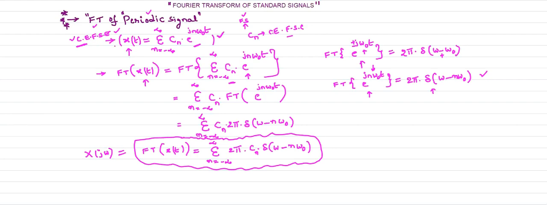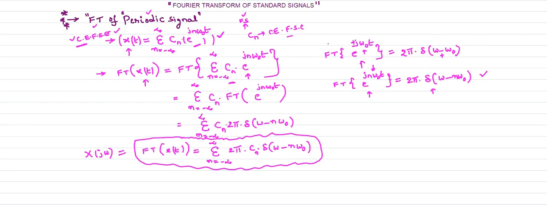So this is the formula for the representation of x of t. Since x of t is a periodic signal, to find its Fourier transform I just apply the Fourier transform on both sides of this equation. Here Cn is a constant, therefore there is no need to apply the Fourier transform to Cn. Only the variable part is there: the Fourier transform of e power jn omega naught t.